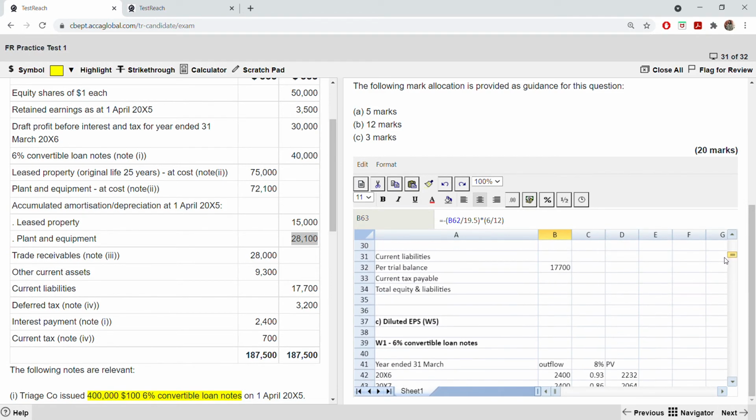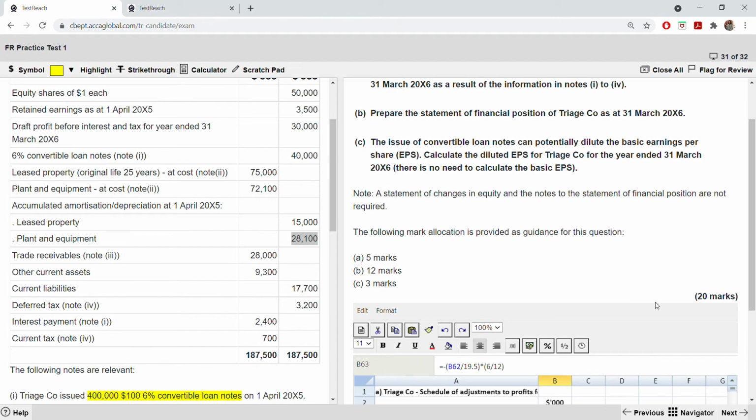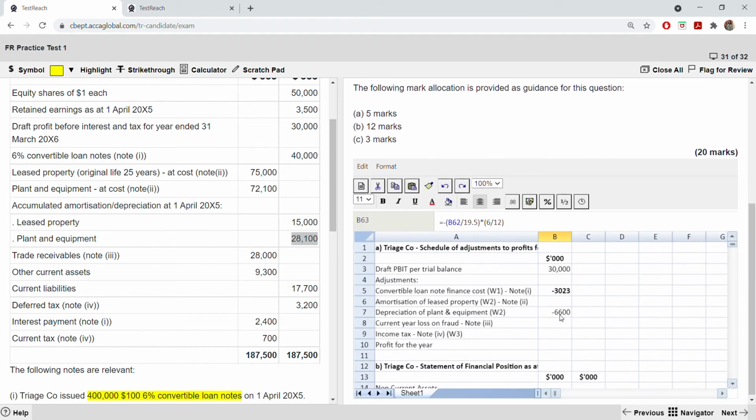So when you put here you can write equal to 1500 plus 1700. This you can put in minus. But if you put this minus, then make sure this is also in minus.